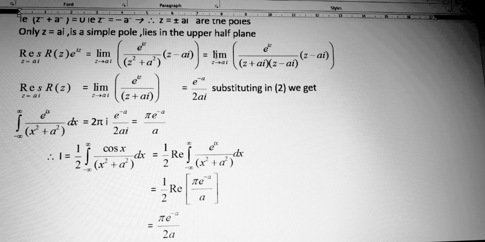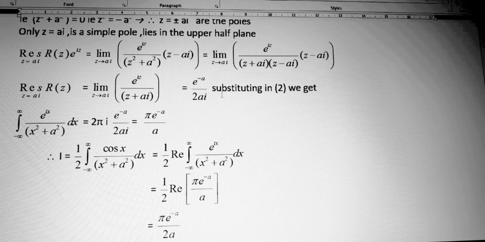It equals the limit as z tends to ai of e raised to iz by z square plus a square, which can be written as z plus ai into z minus ai, into z minus ai. Z minus ai cancels. Therefore, the residue at z equal to ai equals the limit as z tends to ai of e raised to iz by z plus ai. Substituting ai, we get e raised to minus a divided by 2ai.